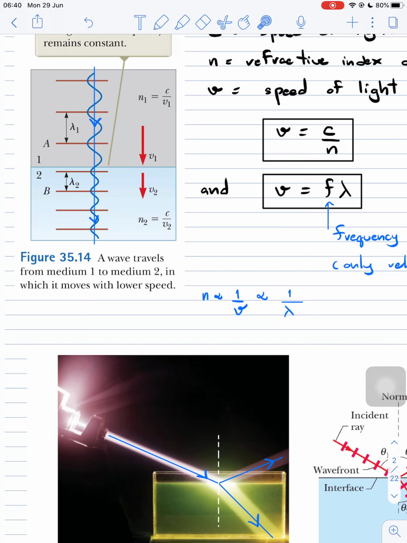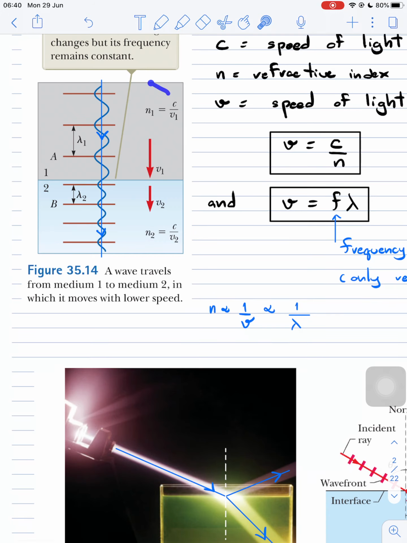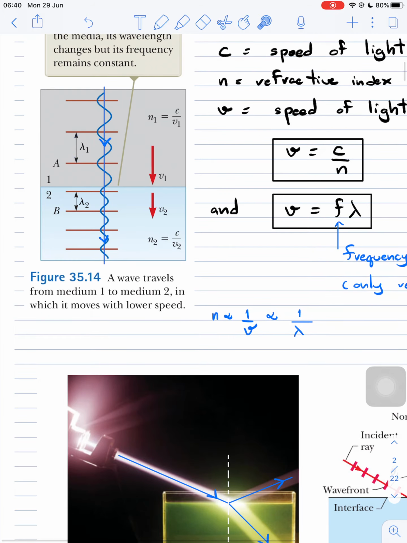Let's consider the wavelength. In medium 1, the wavelength of the electromagnetic wave is lambda 1, which is larger than the wavelength in medium 2.